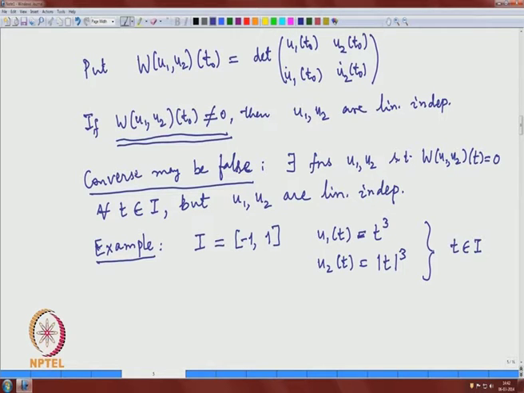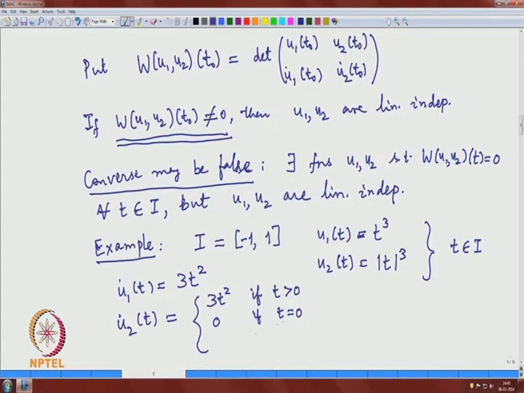You might have some trouble seeing that U2 is also differentiable. So, let me just mention that. U1 dot (t), that you easily do. This is just 3t square. U2 dot (t), simple exercise: this is 3t square if t is positive, 0 if t equal to 0, and minus 3t square if t is negative.